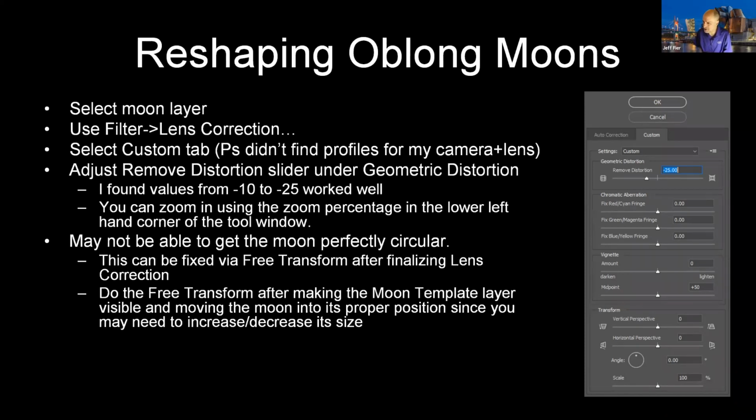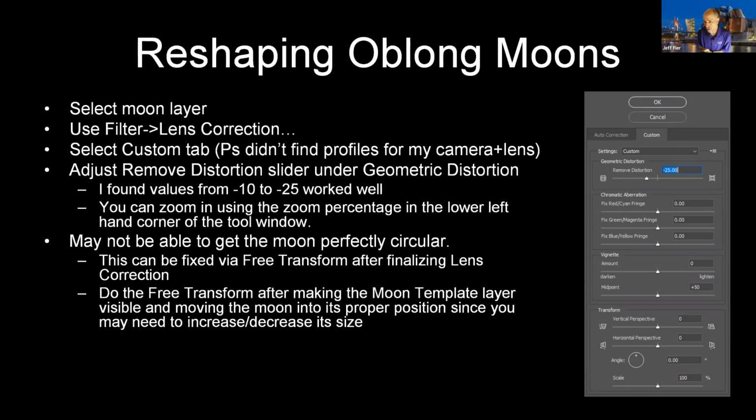So I went to the custom tab, and in the custom tab, the first slider is called remove distortion. I found that by cranking that slider to the left for the most oblong moons, a value of about -25 worked out really well and made those moons almost perfectly circular.